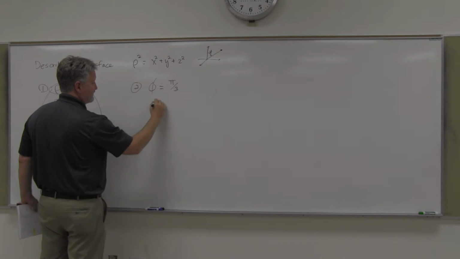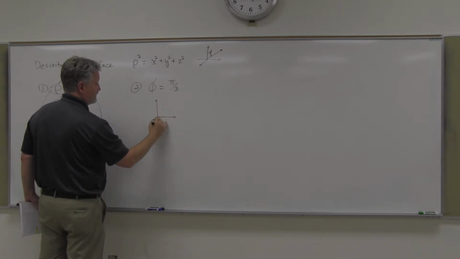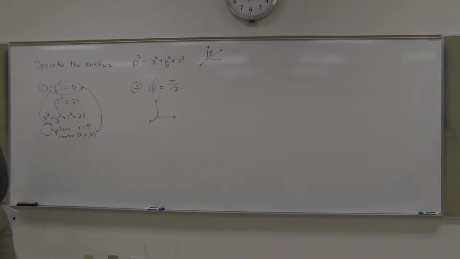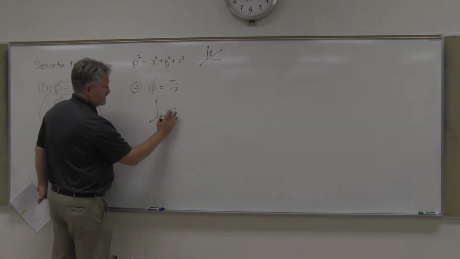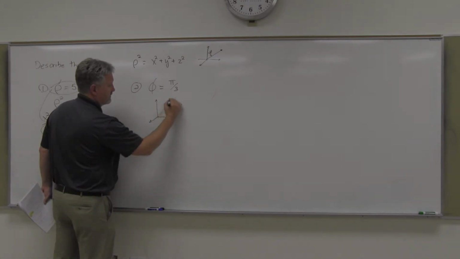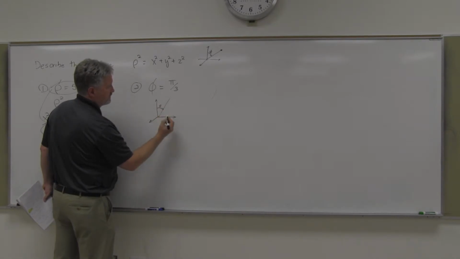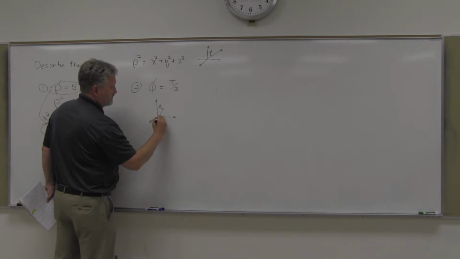So let's think about that. If we're just in the XY plane, pi over 3 is 60 degrees, so it would be more laid out there.